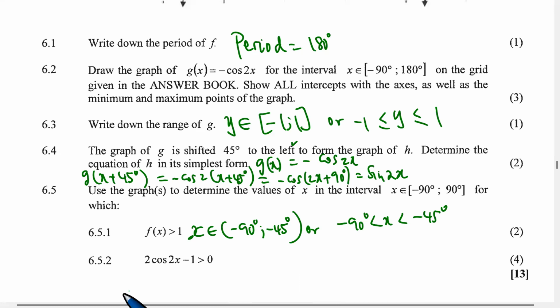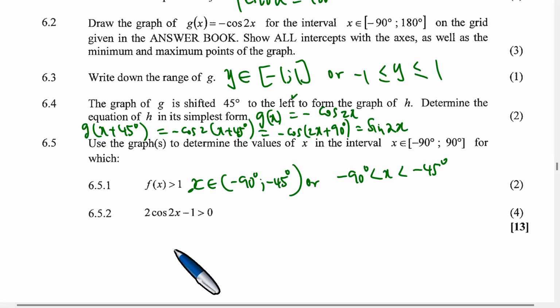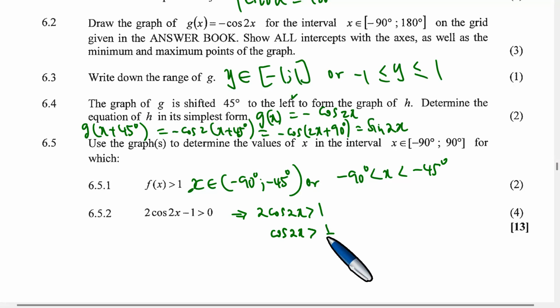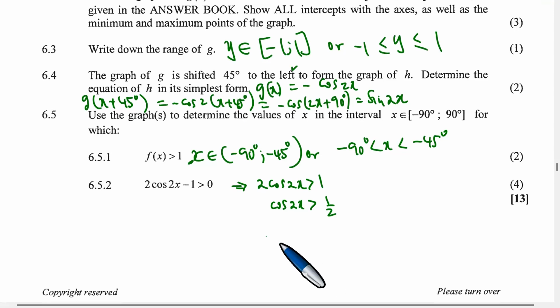Now, if you look at this one, use the graph to determine the values of x for which this is the case. The examiner played a small trick here, because we know that the function g is minus cosine 2x. At this point you can perform a couple of things: you have 2 cosine 2x is bigger than 1, which means cosine 2x is bigger than 1/2. If you multiply both sides by negative, you have minus cosine 2x, and here minus 1/2, so it becomes less than.